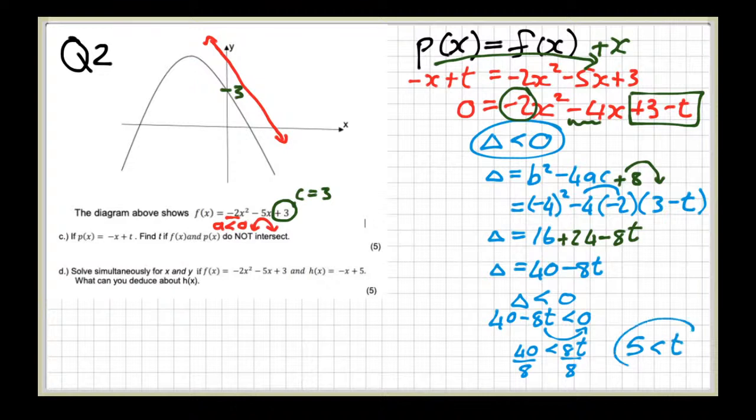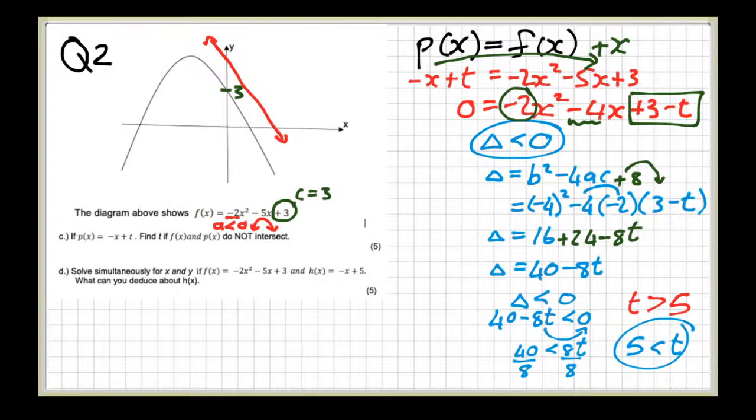So in other words, for t larger than 5, there will be no solutions for the intersection. So there won't be an intersection. The moment that my y-intercept of f of x, that t value, is anything above 5, there won't be solutions. They will never intersect each other.